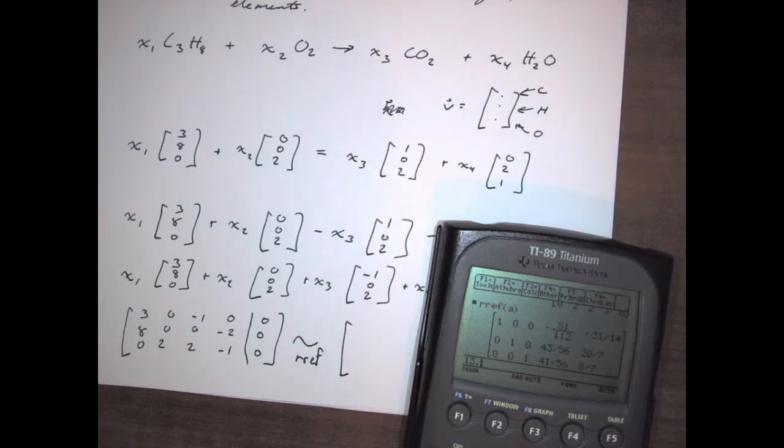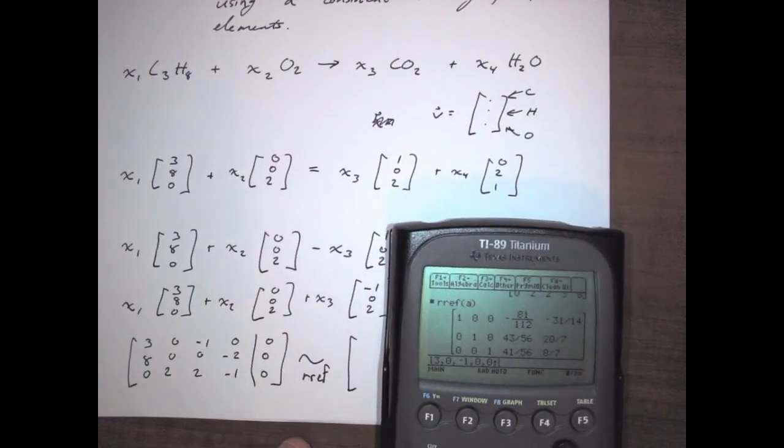So 3, 0, negative 1, 0, 0, semicolon, 8, 0, 0, negative 2, 0, semicolon, 0, 2, 2, negative 1, 0, square bracket.